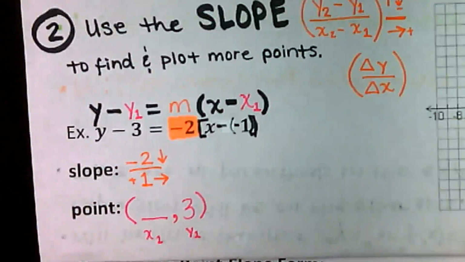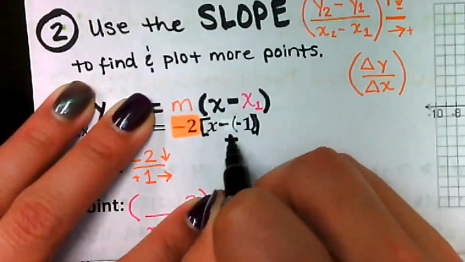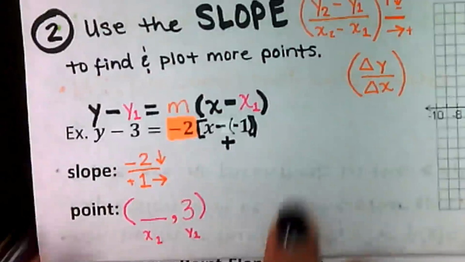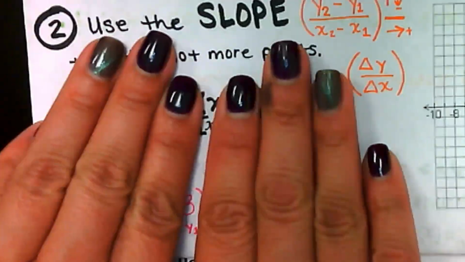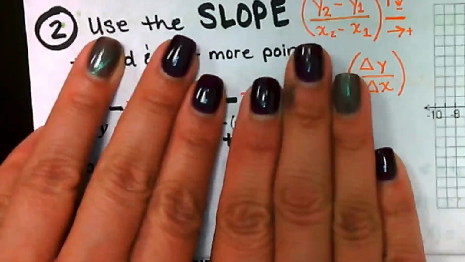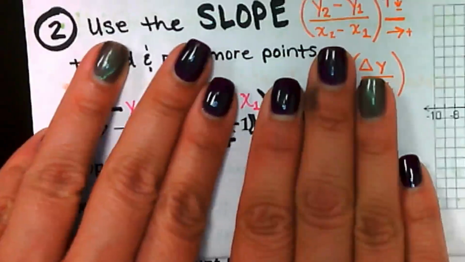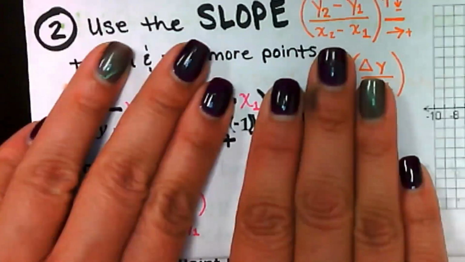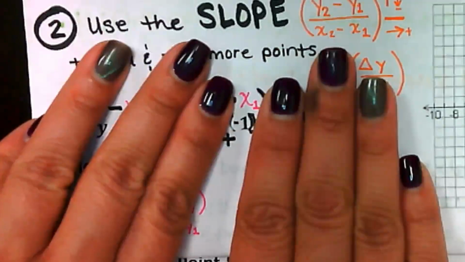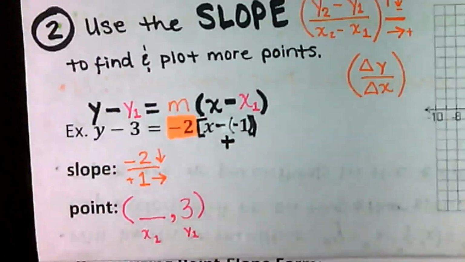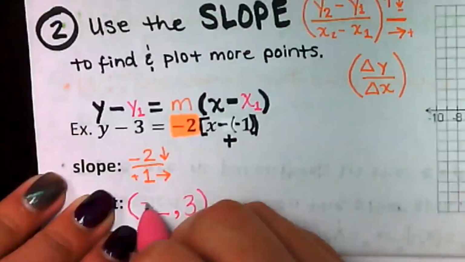So if I were to do that, because a negative times a negative equals a positive, my x's line up, my subtraction lines up, and now my x sub 1 lines up, and it's in fact negative 1.